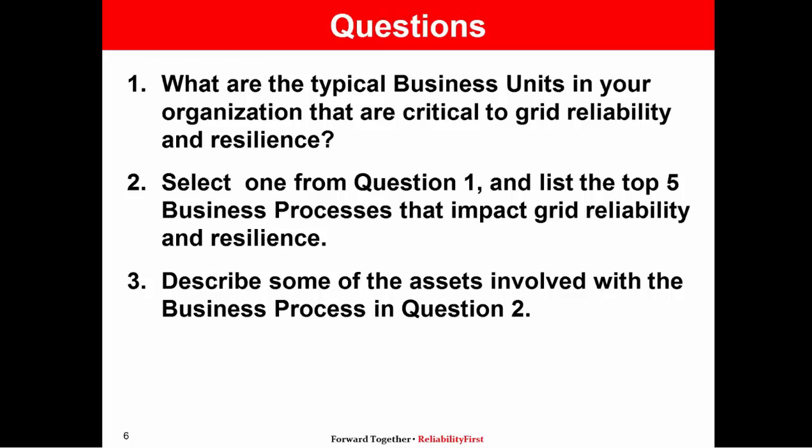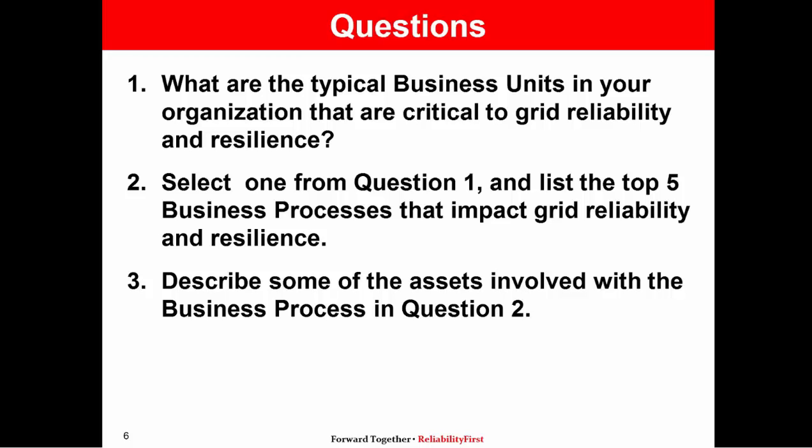Our second question, select one from question 1 and list the top 5 business processes that impact grid reliability and resiliency. So for our example, we've selected IT as being critical to grid reliability.